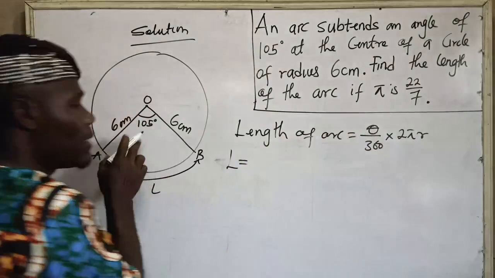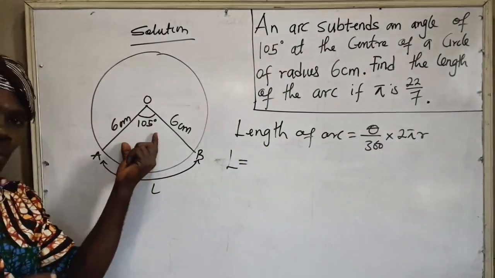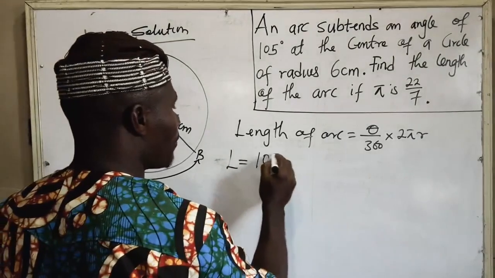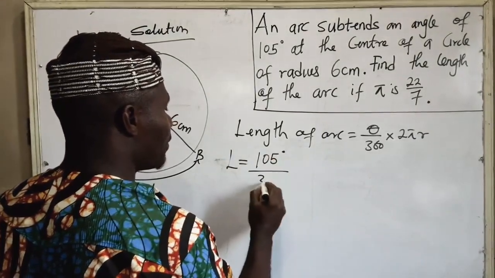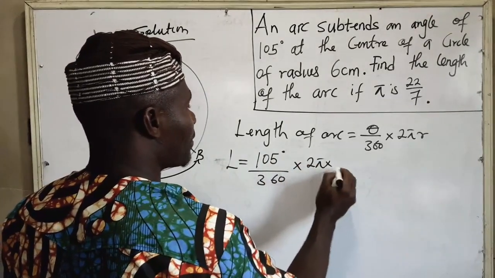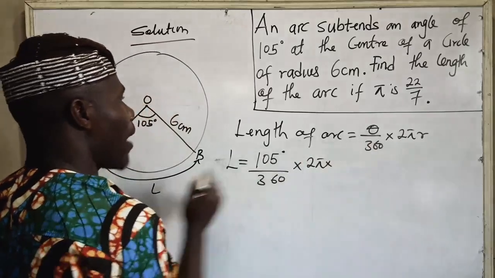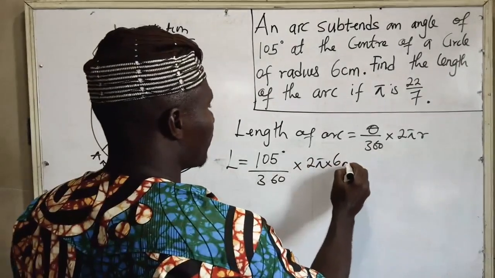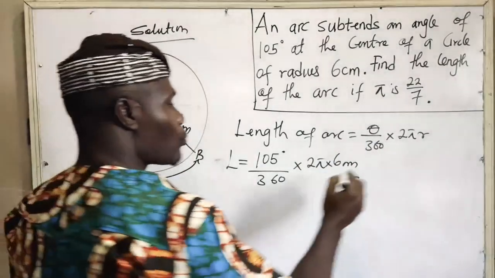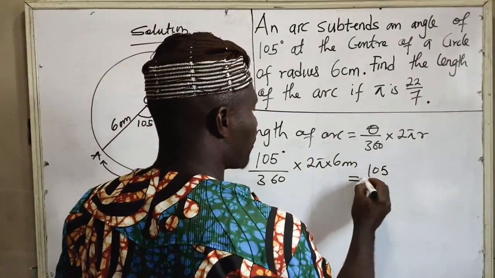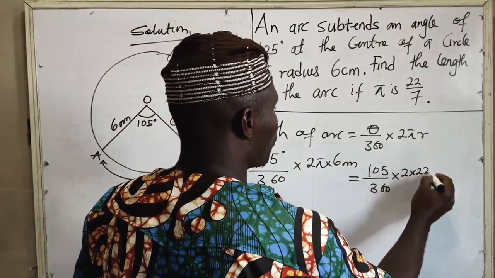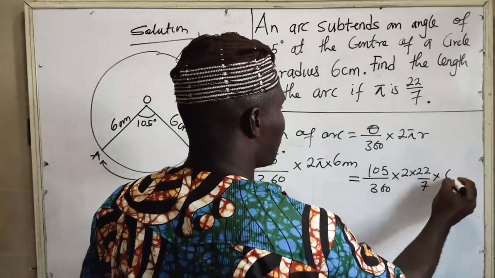The angle subtended at the center is 105 degrees, so 105 degrees divided by 360 times 2 pi times r, which is 6 centimeters. We proceed to write 105 over 360 times 2 times 22/7 times 6.